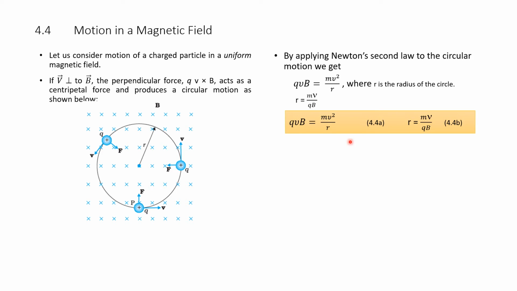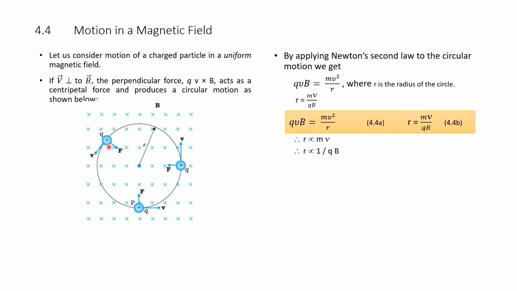This is given by equation 4.4. So r can also be written as r is equal to mv divided by qB. This is equation 4.4b.